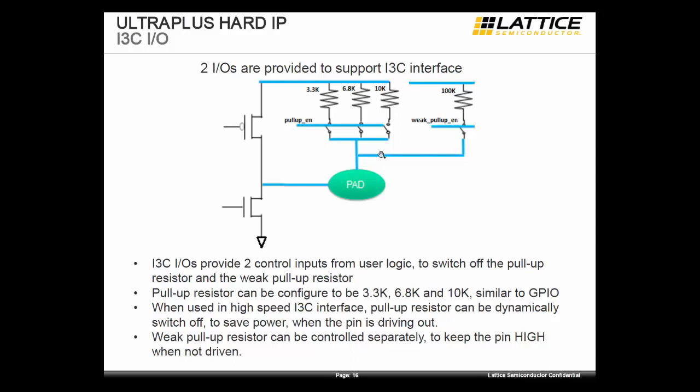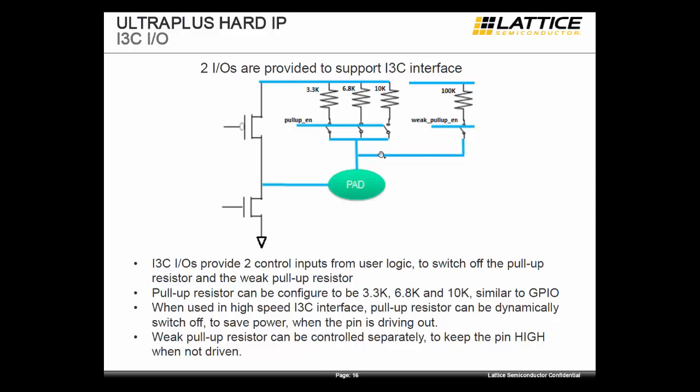So iCE40 ULTRAPLUS offers that function internally on IO pins. All of the IO pins in iCE40 ULTRAPLUS are capable of having these various pull-ups individually programmed. So a 3.3K, 6.8K, and 10K ohm resistor can be programmed per IO pin for this I3C interface functionality.